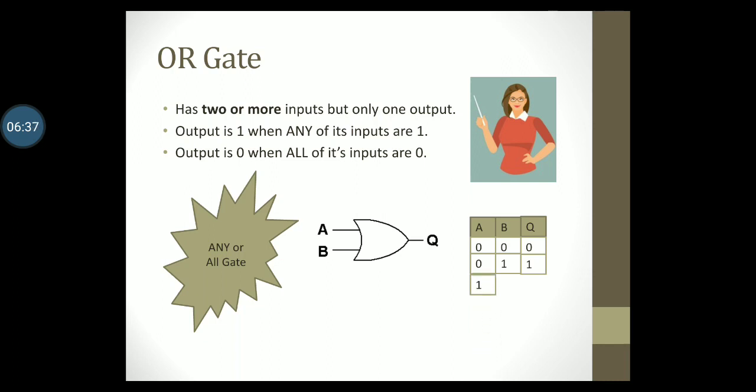If input A is 1 and input B is 0, then the output Q will be equal to 1, since any one of its inputs is 1. If input A is 1 and B is 1, then the output Q will also be 1, since all the inputs are 1. The logic equation of the OR gate in terms of its inputs and output can be written as Q is equal to A plus B.